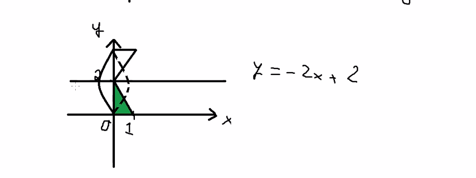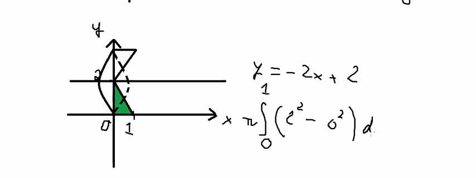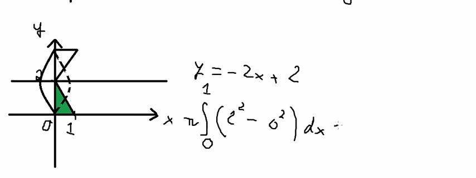So the answer for the volume in here, you get the integral, we have pi from 0 to 1, and we have the number 2 in here. We have 2 squared minus 0 squared, so we can find the total area in here, dx, and we have minus this area in here.